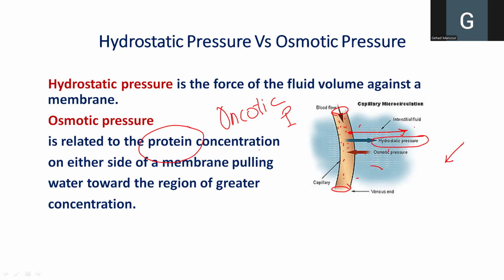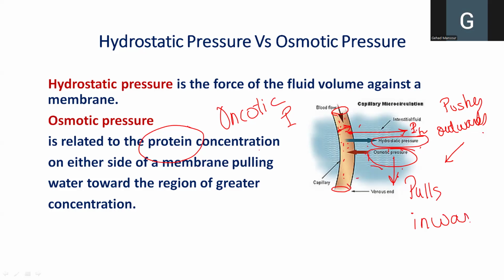So the direction of the hydrostatic pressure is always outwards because the fluid inside is pressing on the wall of the vessel outwards. But the direction of the osmotic pressure or of the oncotic pressure is inwards. Why is it inwards? Because it results in inwards pulling of water. So you have two antagonizing pressures, the hydrostatic pressure that pushes outwards and the osmotic pressure that pulls inwards.